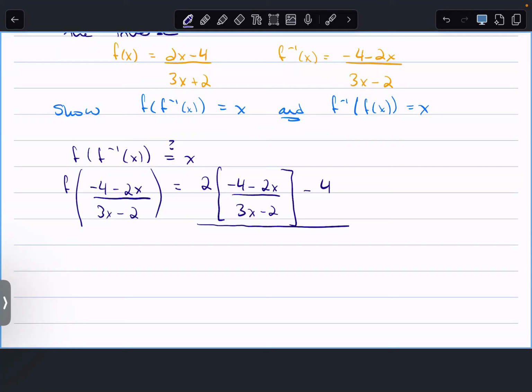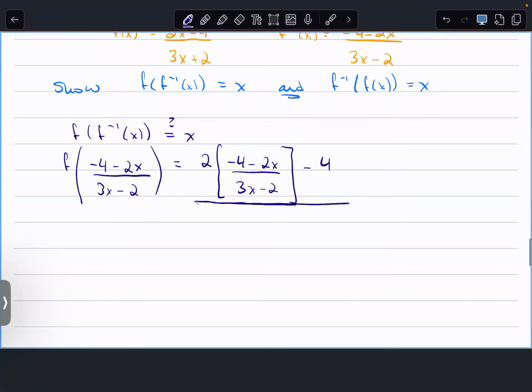Over 3x, but x is, and maybe I don't need to have this much room there.